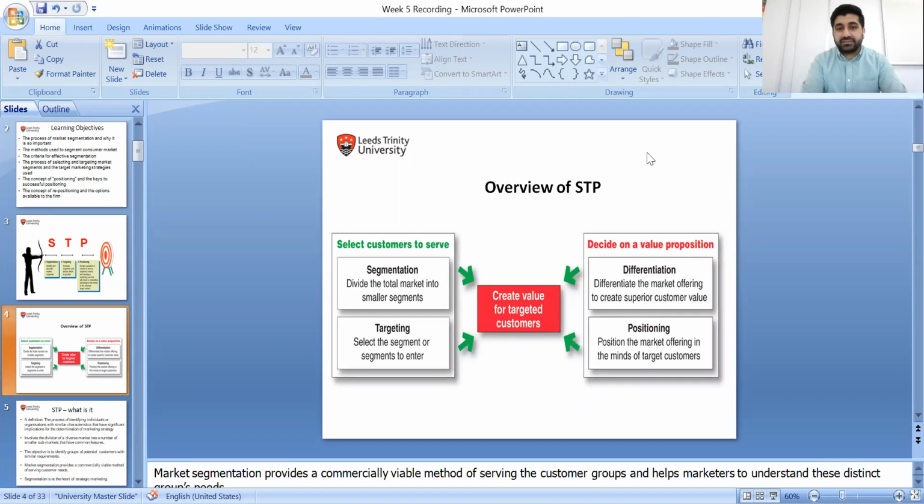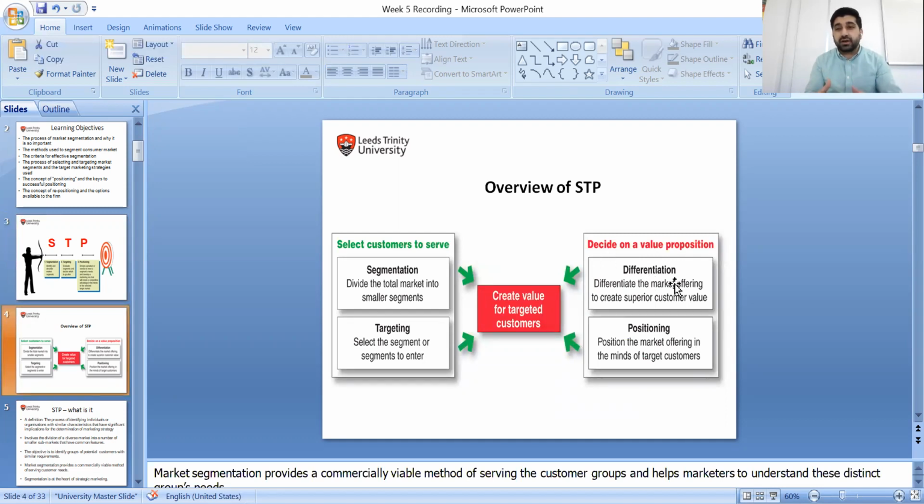Overview of STP. Basically, we are trying to create value for targeted customers. Here we can see in targeting, we select the segment to enter in a specific market. Then we do segmentation, dividing the total market into smaller segments, and then we try to create value for targeted customers. Here we decide on differentiation.